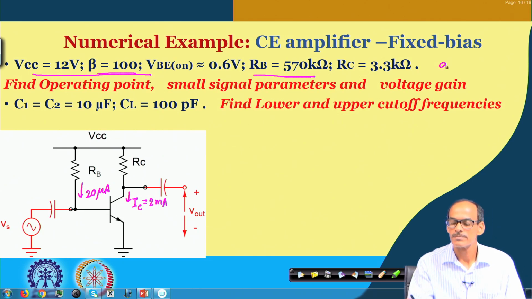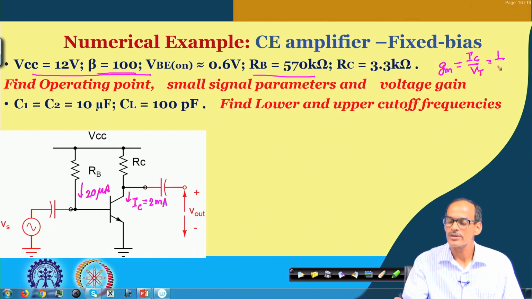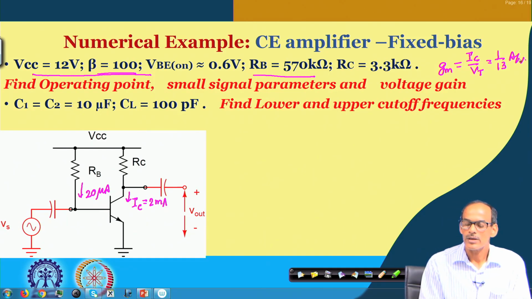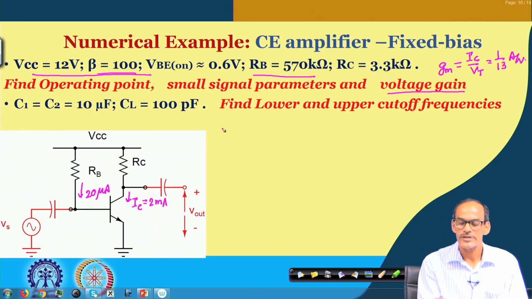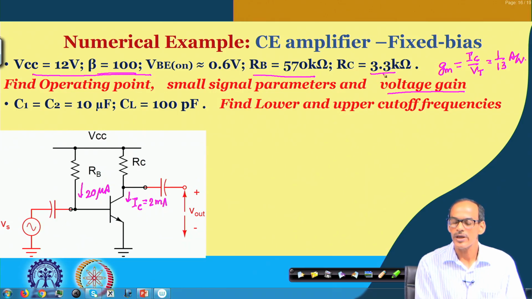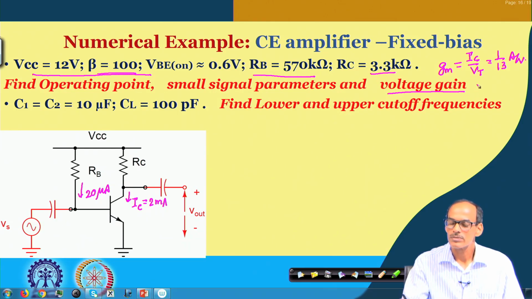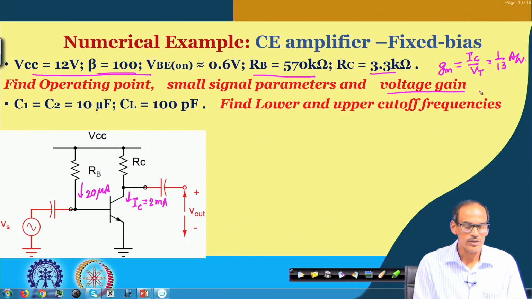It was IC divided by VT. So, that was 1 by 13 ampere per volt, and so from that we obtain the gain, which is GM into RC, and RC is 3.3 K. So, we got something around 240 gain.